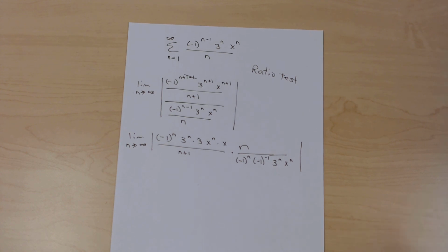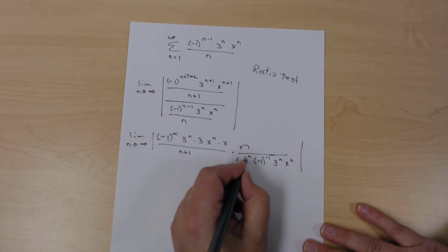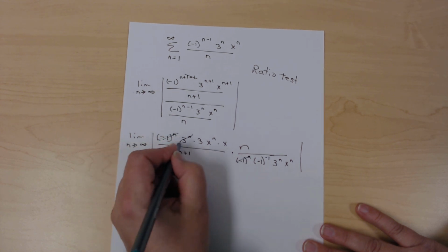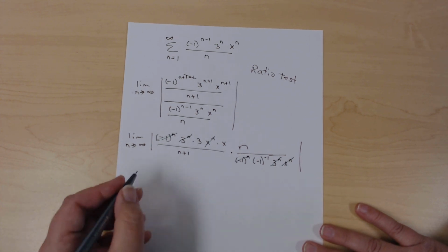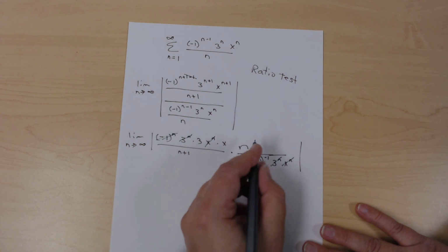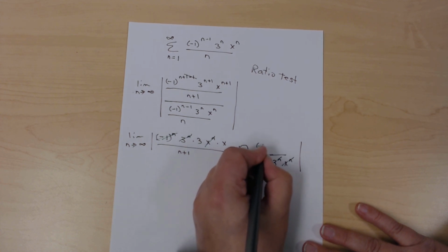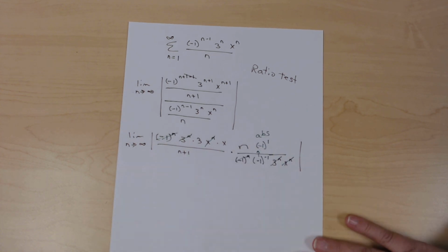All right, so now let's see what cancels here. 3 to the n cancels. x to the n cancels. This guy here, technically, because it's negative, it would go to the top. And then it's absolute value, so that guy's gone.